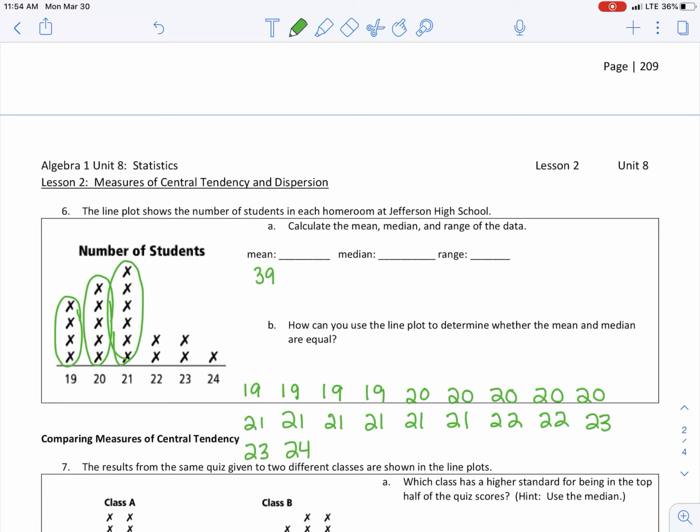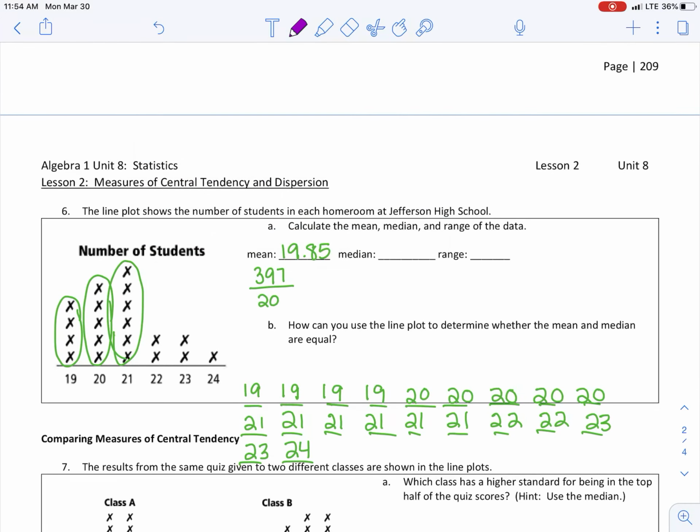So if I get 397, I'm going to go ahead and divide that by the number of data I have. So I have 1, 2, 3, 4, 5, 6, 7, 8, 9, 10, 11, 12, 13, 14, 15, 16, 17, 18, 19, and 20. So I'm going to divide that by 20, and I get 19.85.